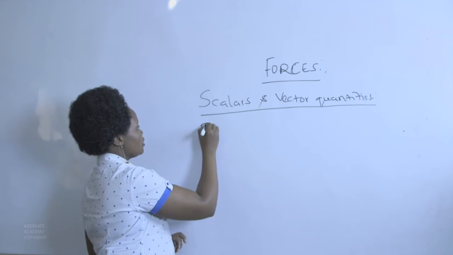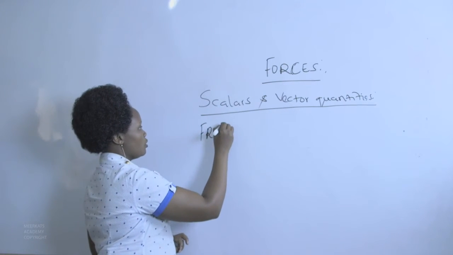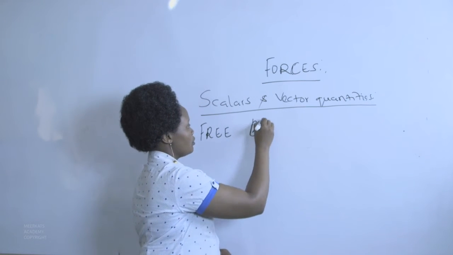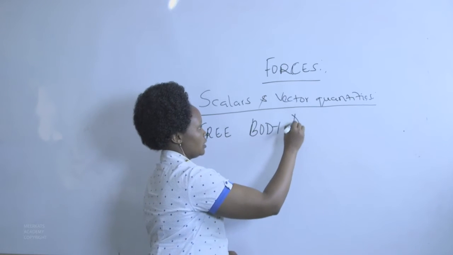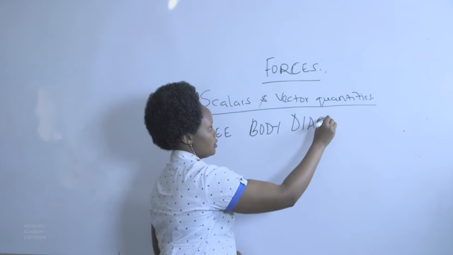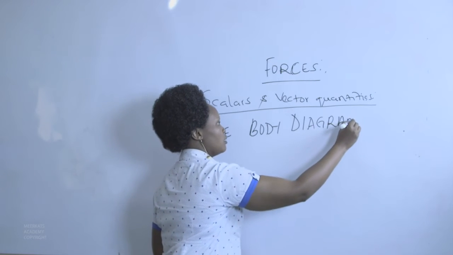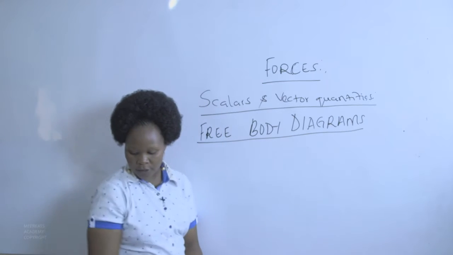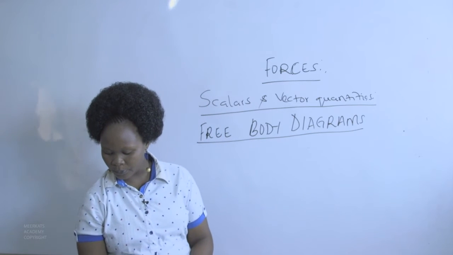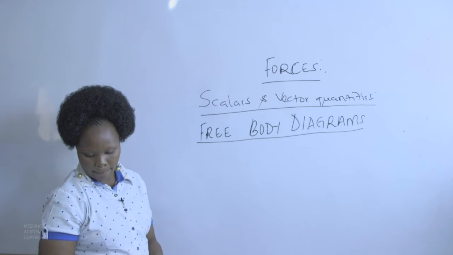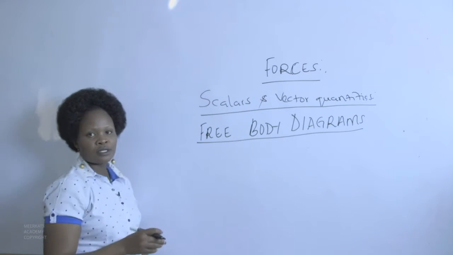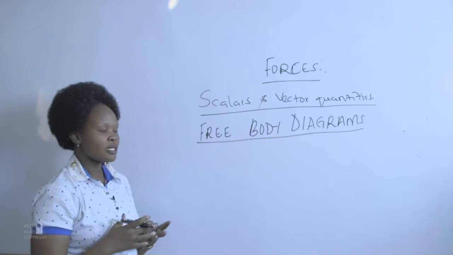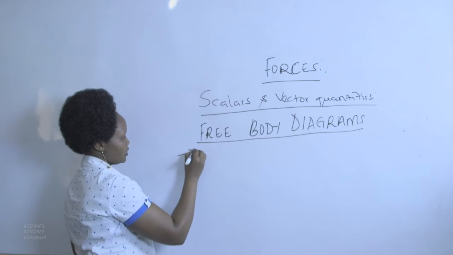Therefore, I want us to go through a concept that I'm going to call free body diagrams. And a free body diagram shows all the forces acting on a body, their size, and how they interact.